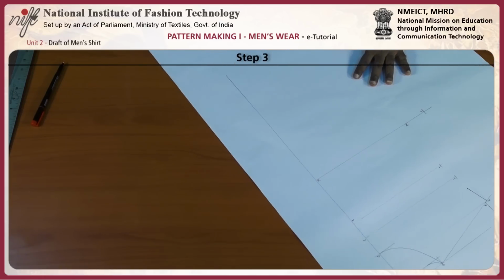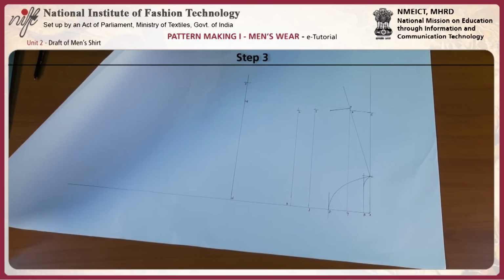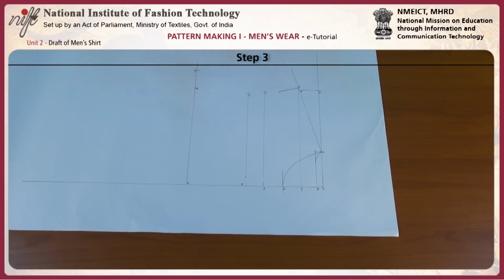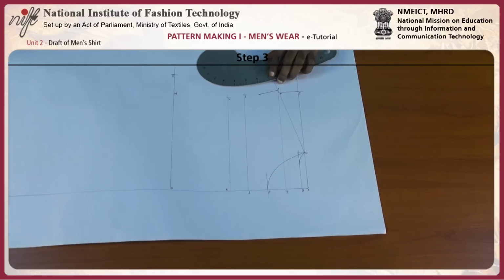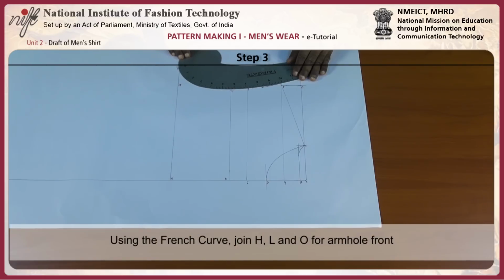Then turn the diagram facing your side, then join H, L and O for the armhole front. Joining H, L and O is for the armhole front.